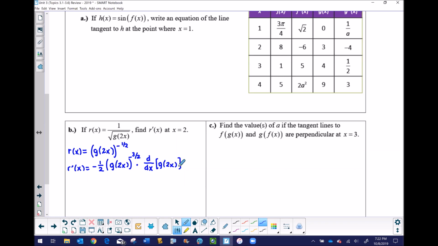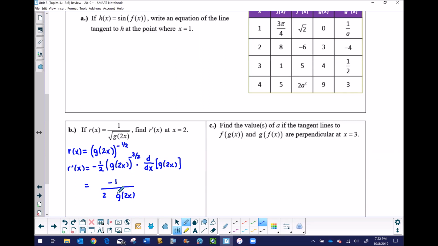All right. Now, for the next step, if you want to take care of the negative exponent, you certainly could. So we could keep the negative 1 on top, the 2 on bottom, and then g of 2x.